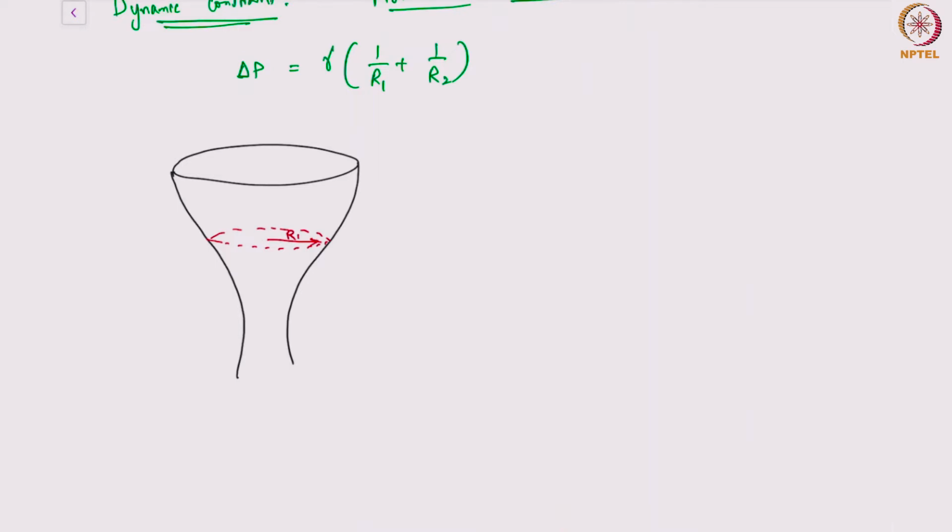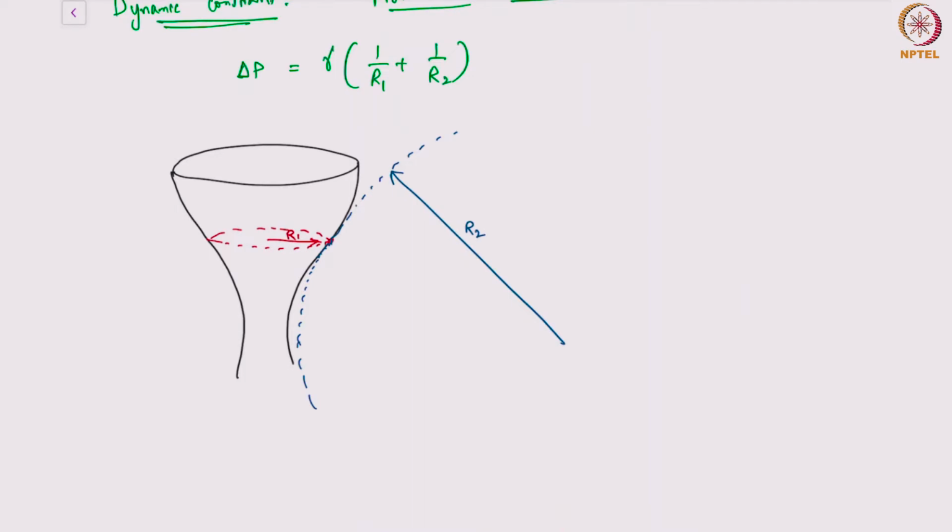We have R1, and at this point I have another radius which is R2.